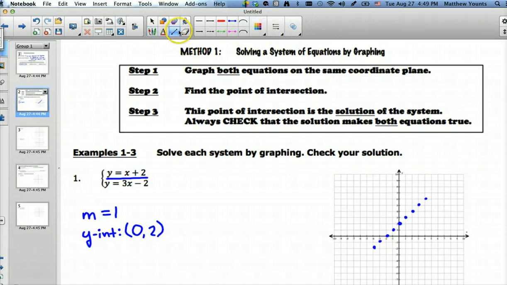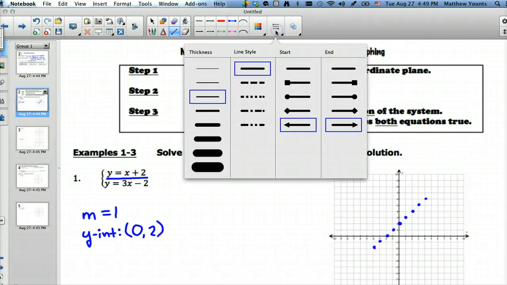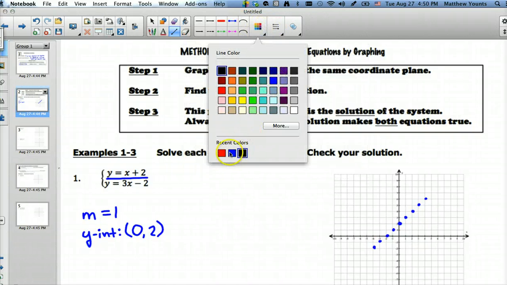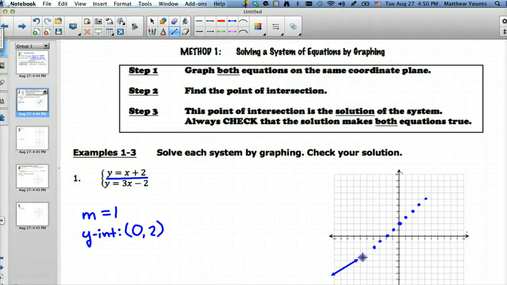So if you happen to have a ruler or some sort of straight edge with you while you're taking this video, that would be a very good thing to use. Okay, so let me go ahead and connect those dots, and that's what that first graph looks like, y equals x plus 2.